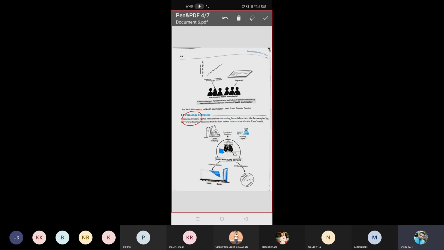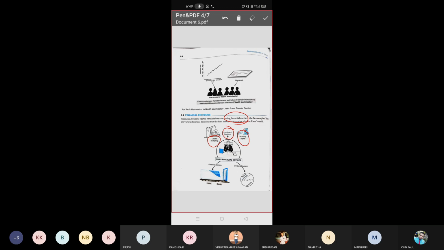So that is what a financial decision is. A financial decision refers to a decision concerning financial matters. For what purposes do we need finance? We need finance for working capital. Simultaneously, we need finance for investment, capital.